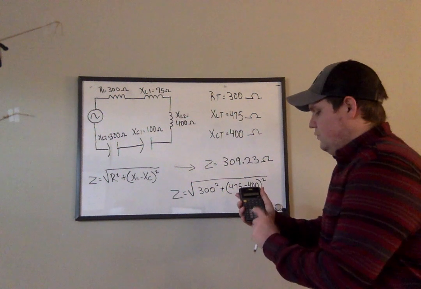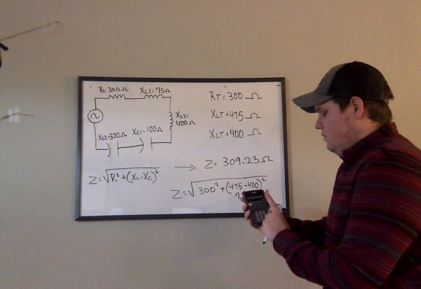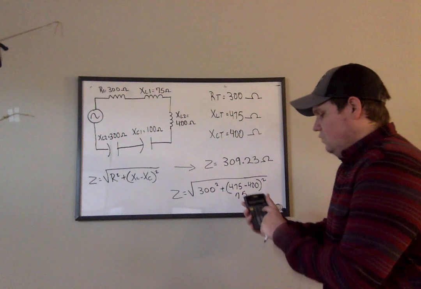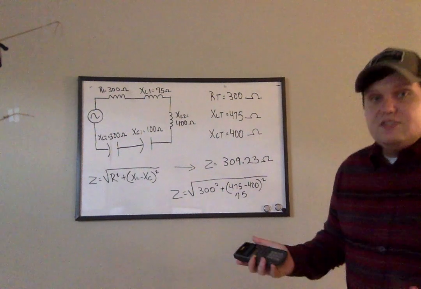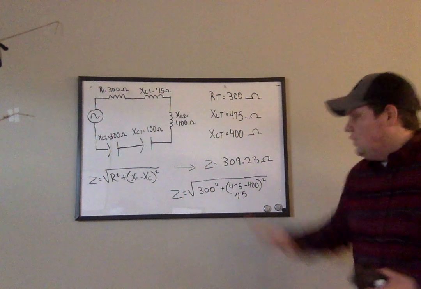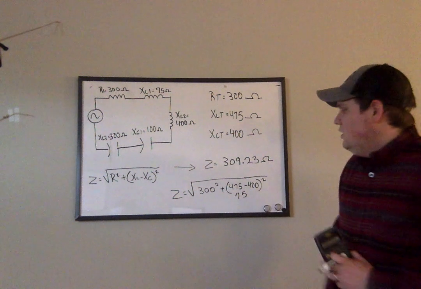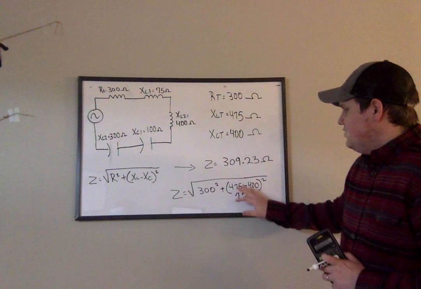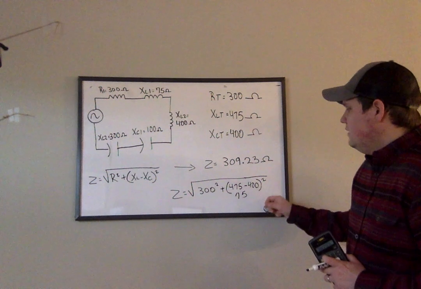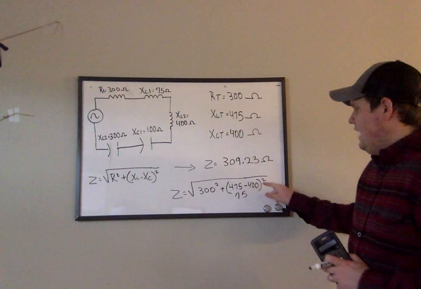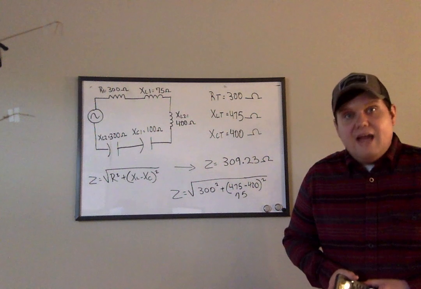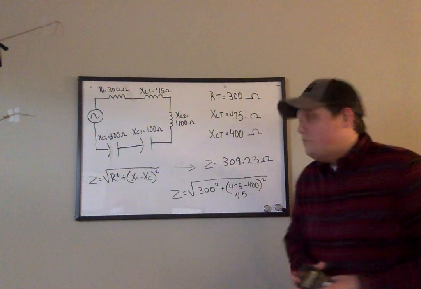So you can just do 300 squared plus 75 squared equals, and take the square root, and you get the same thing, 309.23. So whether you want to put the whole thing in your calculator, or if you want to go ahead and do your subtraction, and then instead of 475 minus 400 squared, you would just have 75 squared here. Okay? So, as simple as that, and that's all there is to find an impedance.